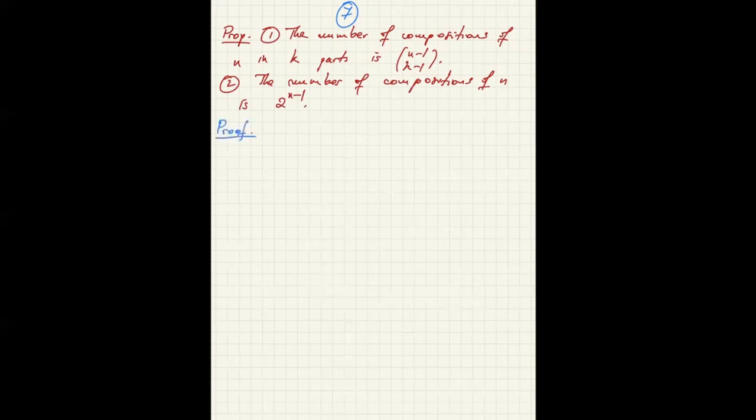So, proof. For the first one, we'll use a bijective argument. If we have a composition with k parts, we have this k-tuple (a1, ..., ak), and n equals a1 plus ... plus ak, where a1, ..., ak are natural numbers.